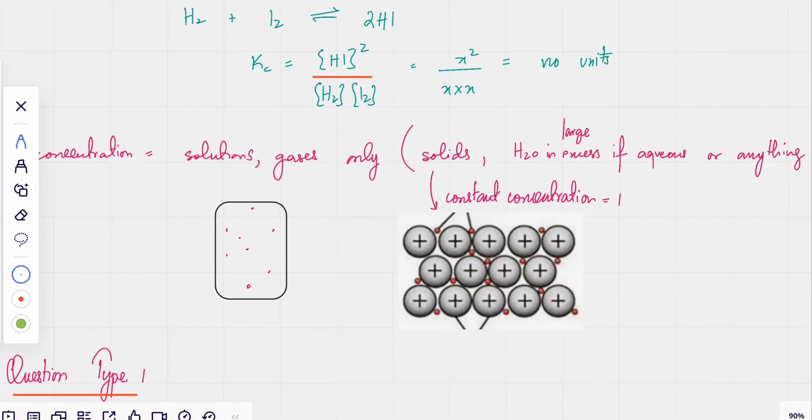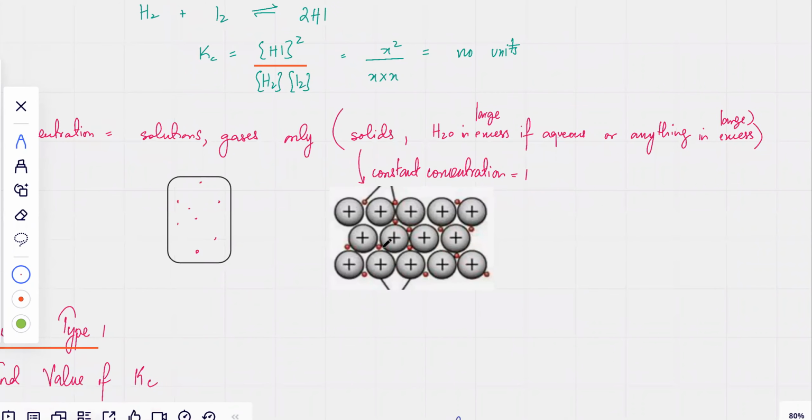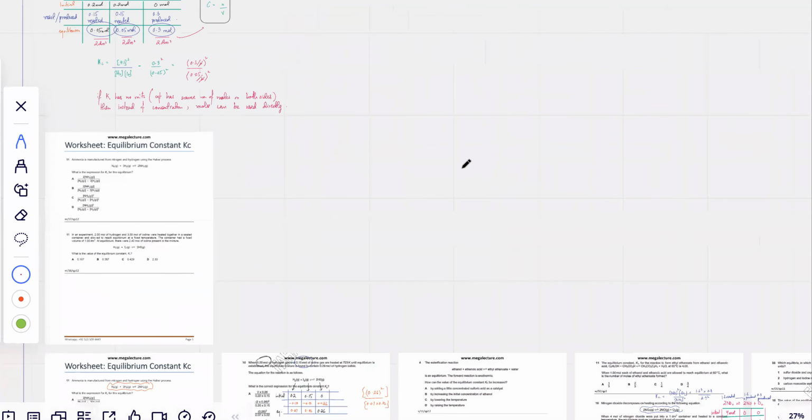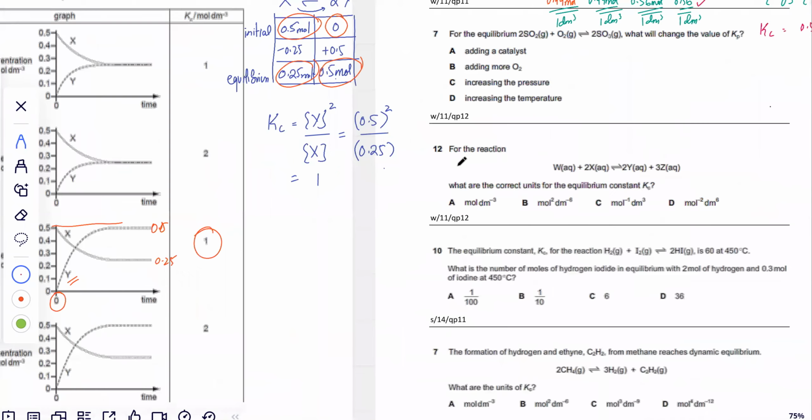For solids, because they're always tightly packed, concentration is a concept that talks about spacing of the particles, so their concentration is always taken as a constant. It's always taken as one. And I also told you that if water is in large excess, or anything that's in large excess, its concentration would also be taken as one because it's not going to change. So remember that when you calculate Kc.